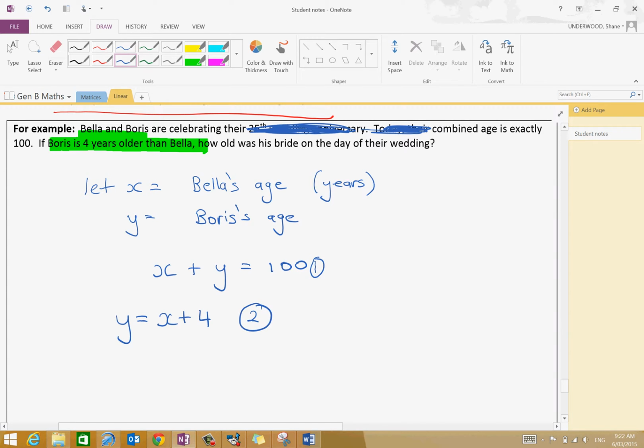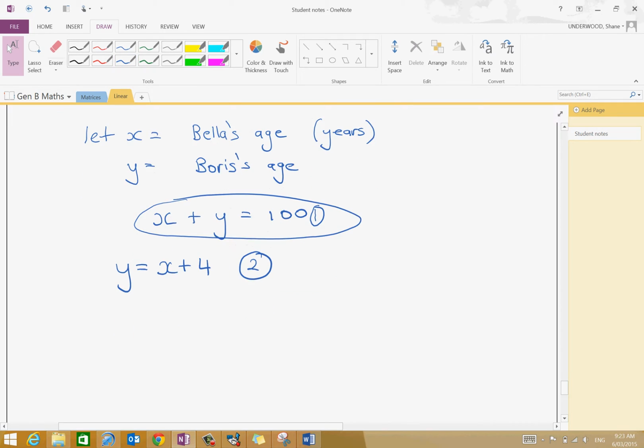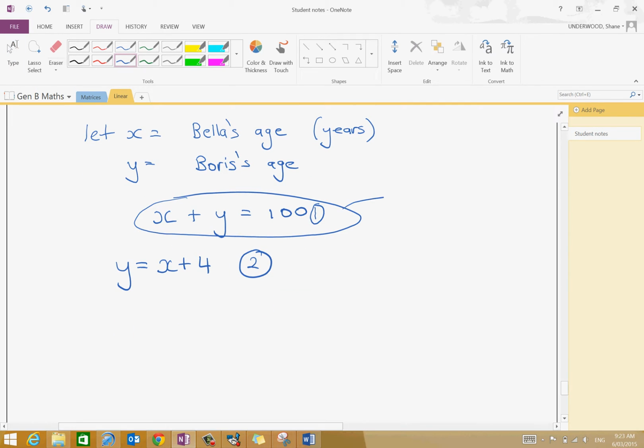Now, if we were doing this by hand, y is equal to x plus 4, and we've got x plus y is equal to 100. So we could do two methods. We could do substitution, where we change equation 1 to 1 dash and say that y is equal to 100 minus x, subtracting x from both sides.